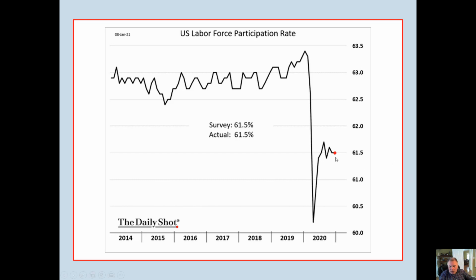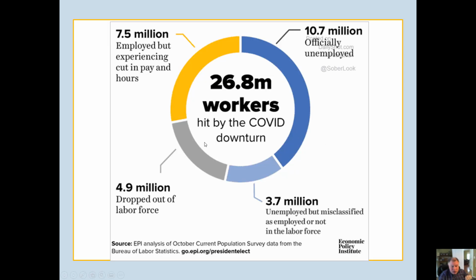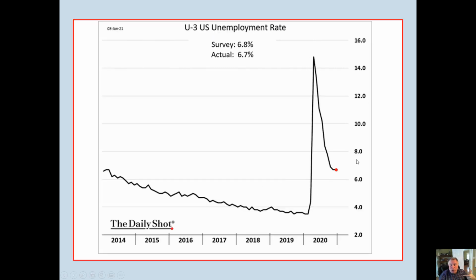And right now we're right at that 61.5 level. So we lost a lot of people out of the workforce. Now, when you look at the unemployment rate, for December it ended up at 6.7%. But remember, we've already lost 5 million people out of the workforce. So we can't look at that in isolation. So we've got about 6.7.